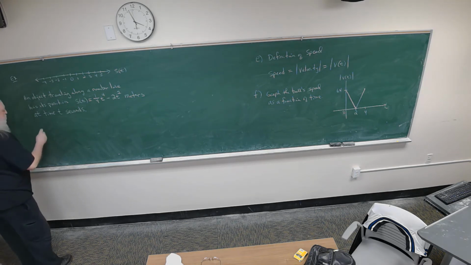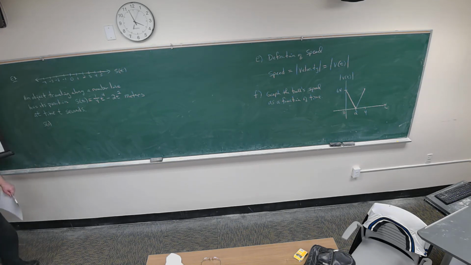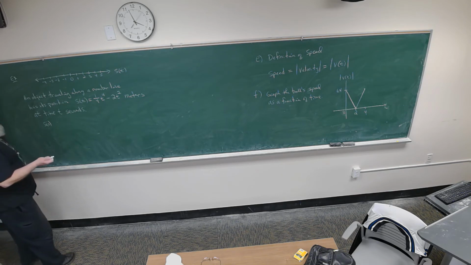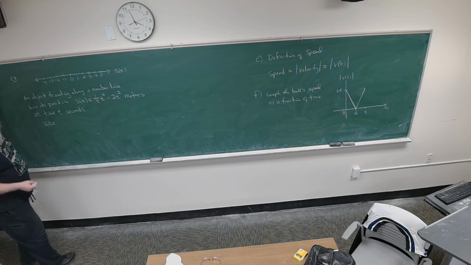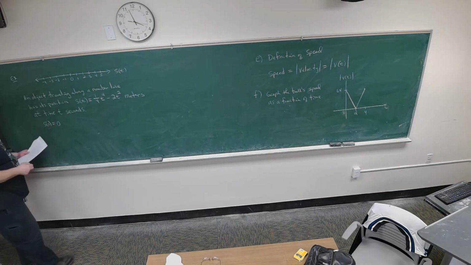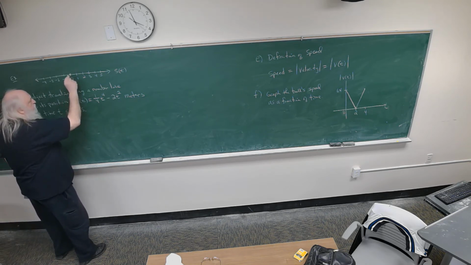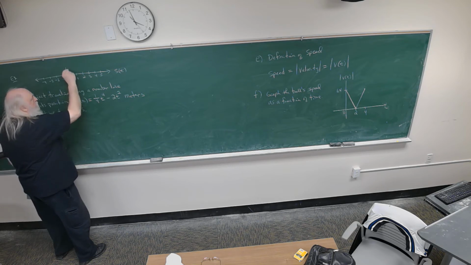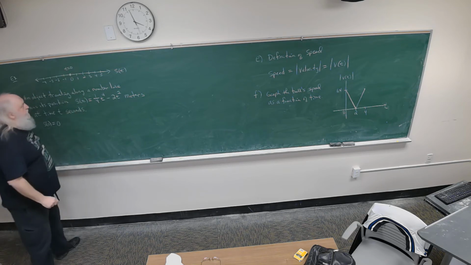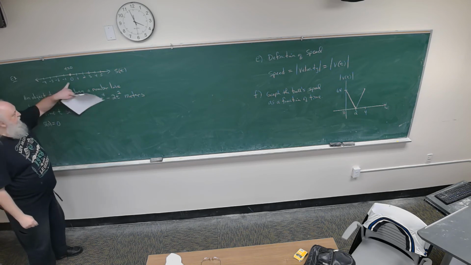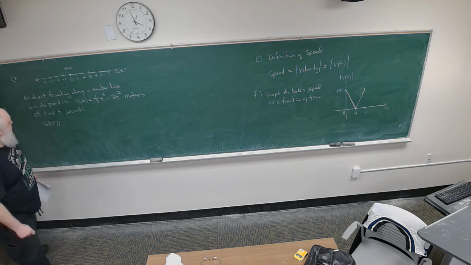So at t equals 0, we're going to assume that time starts at 0, okay? At t equals 0, where's the object located? It's you in your car on a straight road. Well, S of 0 is 0. So here's the location of the object at position 0 at t equals 0. Okay, this is not a timeline. This is the line for S of t. This is where the object is located on this number line. Okay.